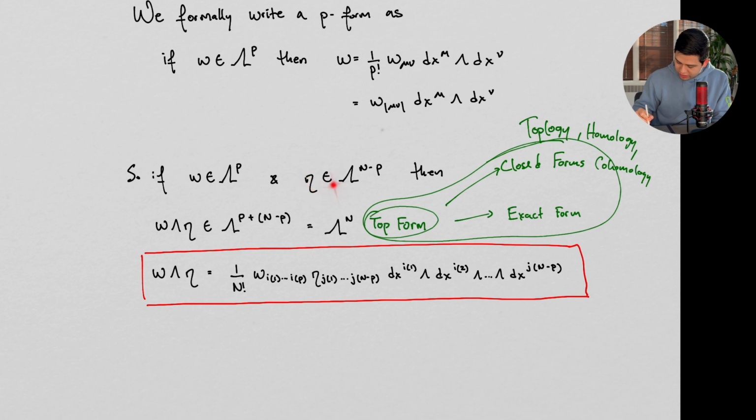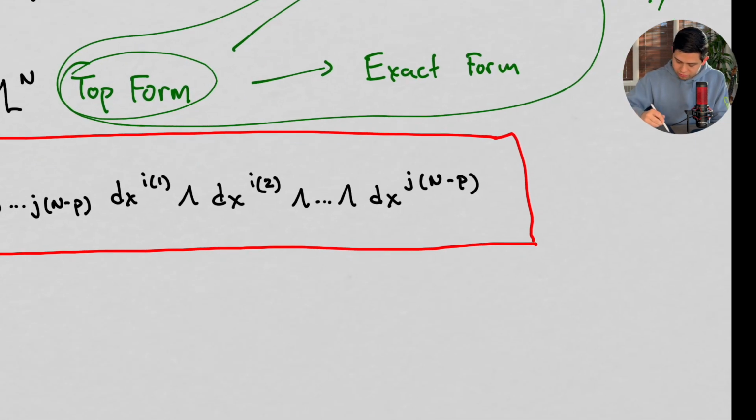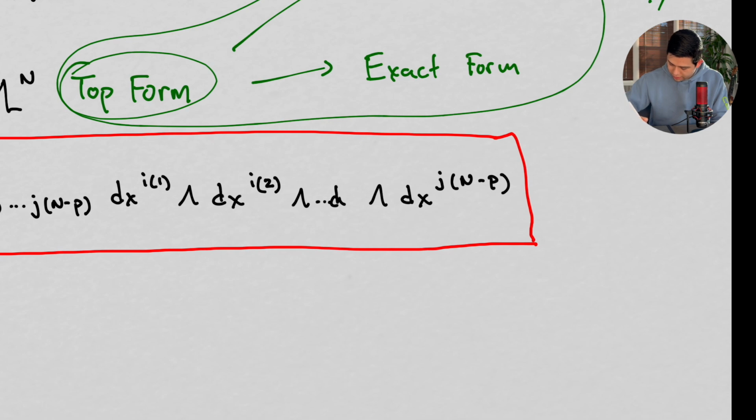the coefficients again on eta go from, here I'll expand this a little bit, they go from dx j, one wedge.